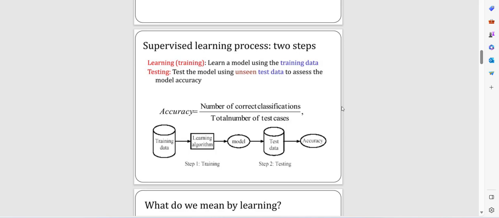So the model will learn features from the 80% of the data, and then it will do the prediction on the 20%. The most important thing is that the 80% is seen data for the model, and the remaining 20% is unseen data for the model.